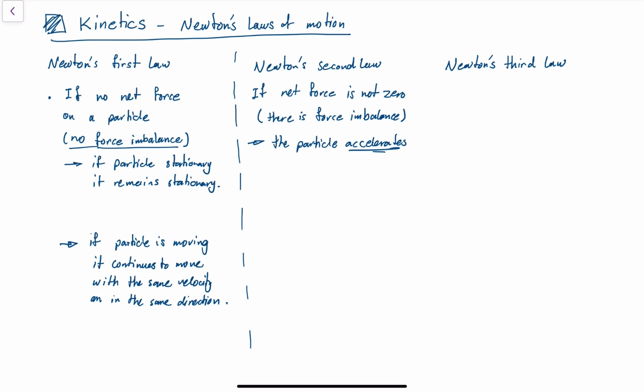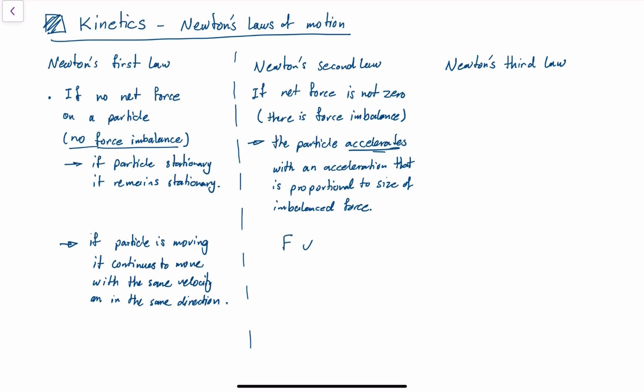Let me continue: the particle accelerates with an acceleration that is proportional to the size of the imbalance force. So if you have more imbalance, you will have more acceleration.